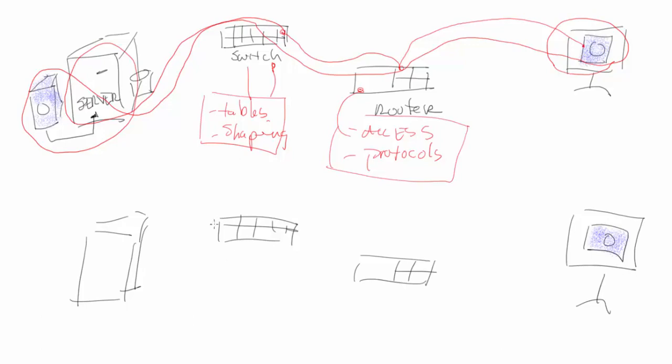But what we can do is we can take these components here inside here, which is all of this stuff here, right? And we can forward that down into SDN, right? Software defined networking.